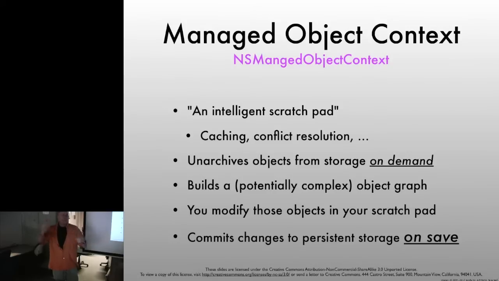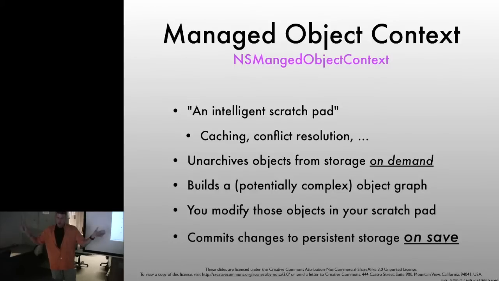You can freely modify these objects and entities that you've got in your context, and until you save, they don't get stored anywhere. So you're free to modify, change, and delete, and then you can decide if maybe you need to revert.